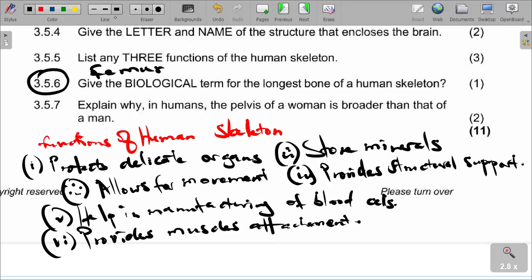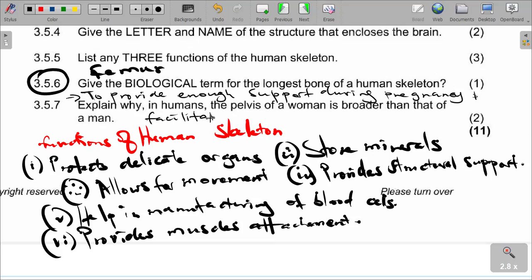It is short and broad for female in order to provide enough support during pregnancy, and also in facilitation of easy childbirth.